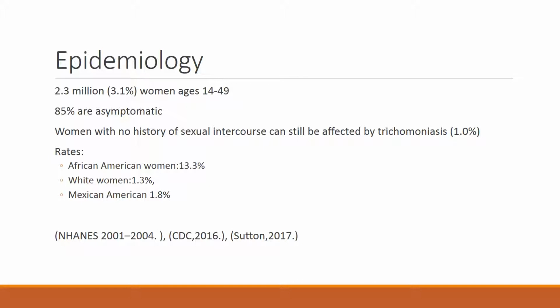So we see women who have sex with women get infected with this, as well as women who have sex with men. So everyone's at risk. African American women are a significantly higher risk group, with higher rates.